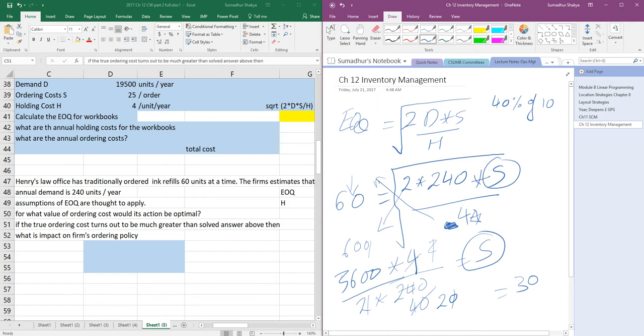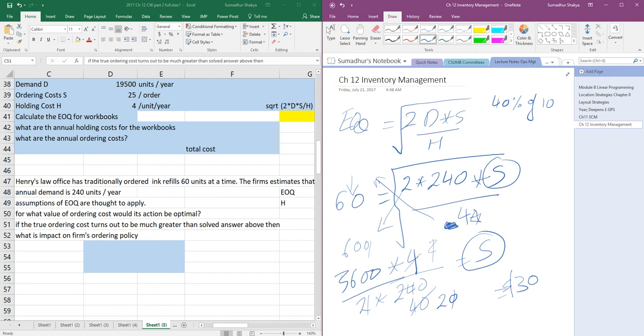So as long as the setup cost is $30, it is good to place 60 ink refills at a time. So to answer for what value of ordering cost this action would be optimal, that's $30.